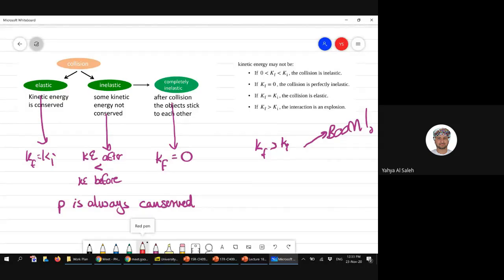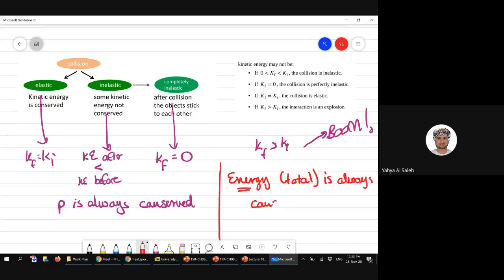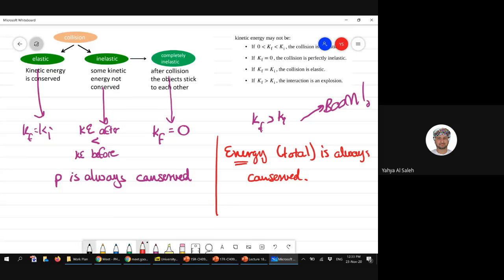Now this is very important and I'm going to write it in red. Total energy is always conserved. Kinetic energy is not always conserved.